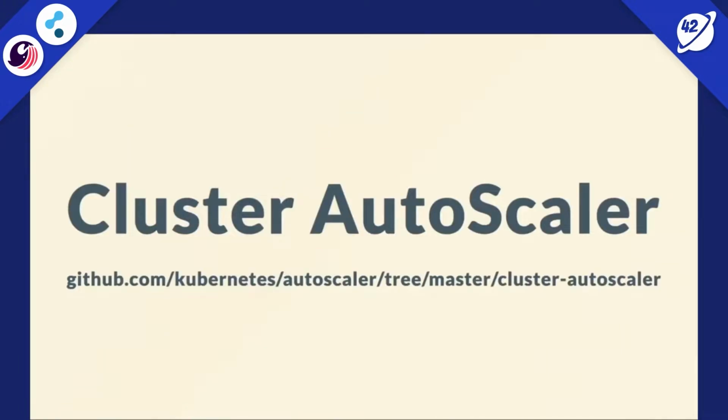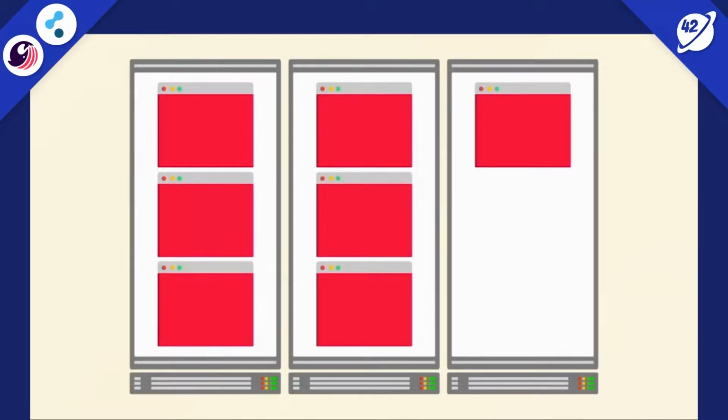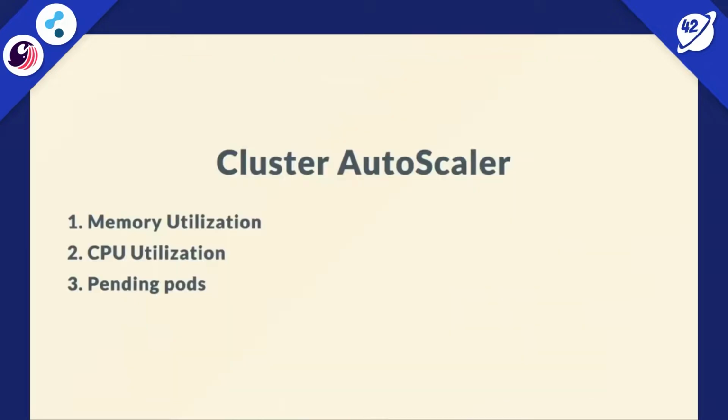Well, enter the cluster autoscaler, and of course, a splash of YAML in order to save the day. And that can integrate with your cloud vendor to provision more necessary nodes. And the good news is that the autoscaler is configurable. Though, sadly, as we'll see, it's not quite as configurable as you might hope or expect.